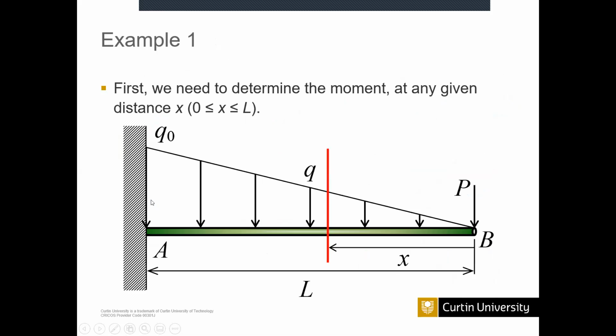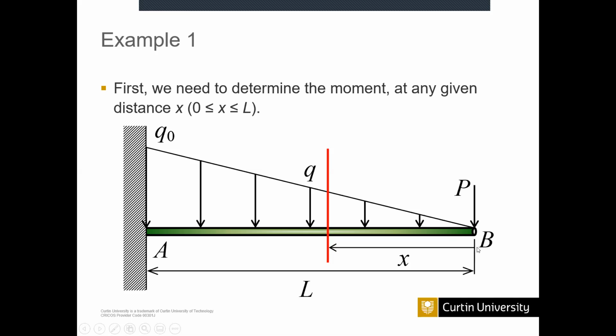So example one, we will discuss with this theory. First we need to determine the moment at any given distance, because otherwise we don't have a function. This is the point we select, at distance x.